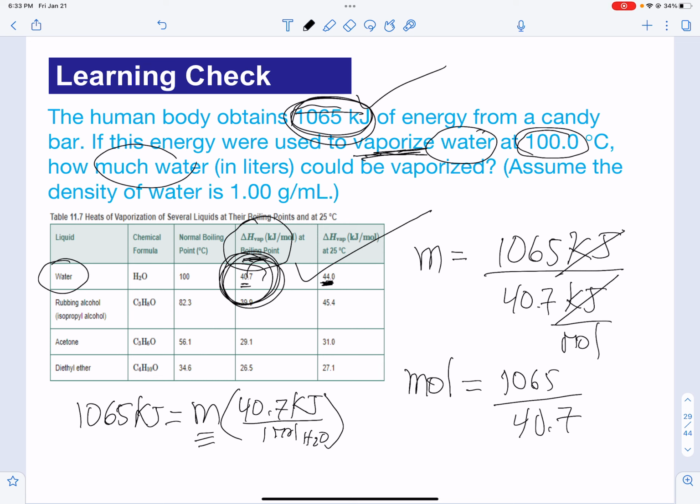So let me calculate it real quick. If I do 1065 divided by 40.7, I get 26.2, three significant figures, moles of water.